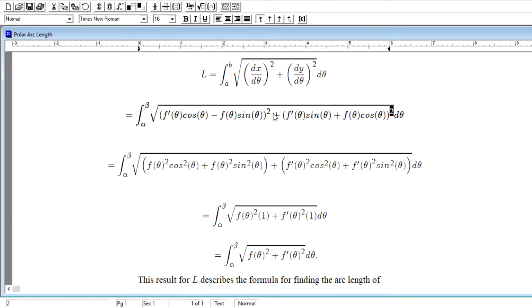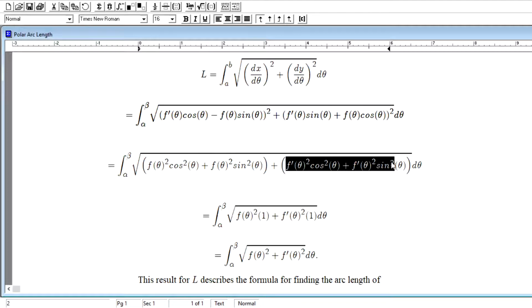I am a little quick here in the simplification, but we will get a square out here and a square out here, where you will have some common terms, or really opposite terms, come out from these two squarings that cancel with each other. Then we should be able to regroup these involving this group and this group, where in each of those groups you will notice you have f of theta squared times cosine squared theta plus f of theta squared sine squared theta that you can factor f of theta squared from.